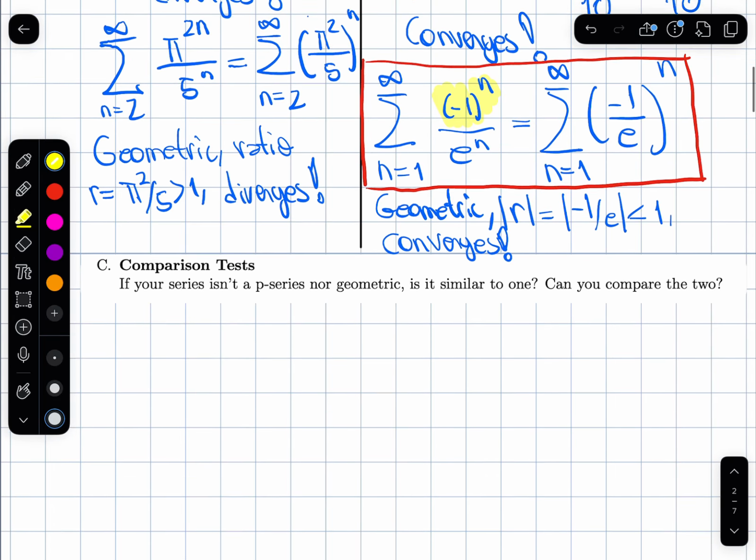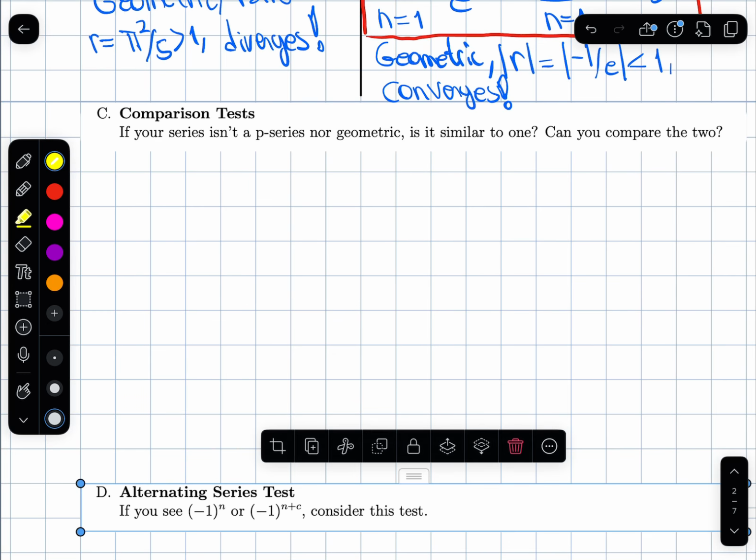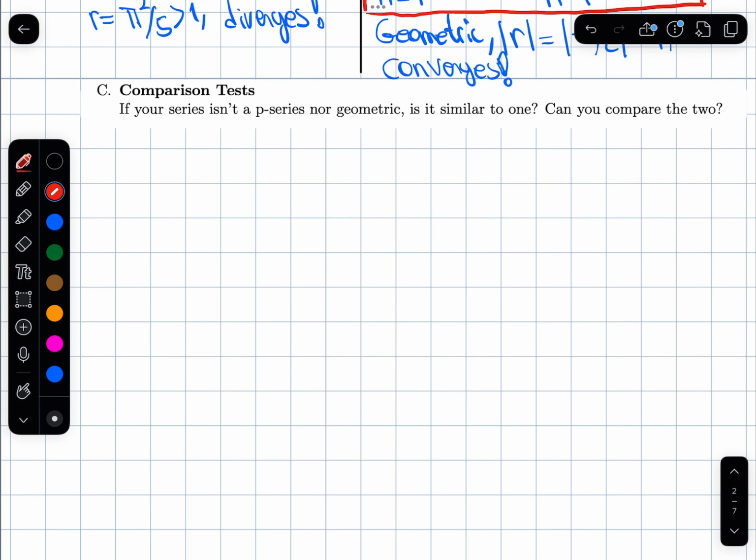Now, if your series isn't something that you can exactly and immediately see that it is geometric or a p-series, the next step that I try and follow is I try and think if it is comparable to one. So whenever I see something that is, what can I say here, maybe a rational function.